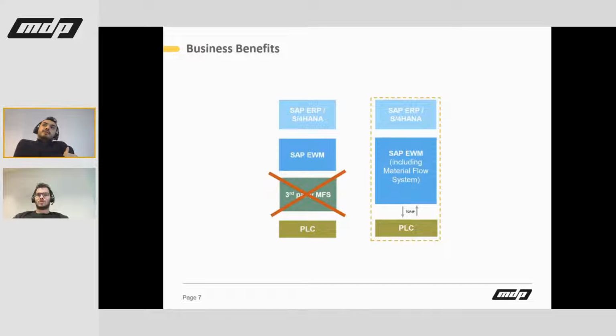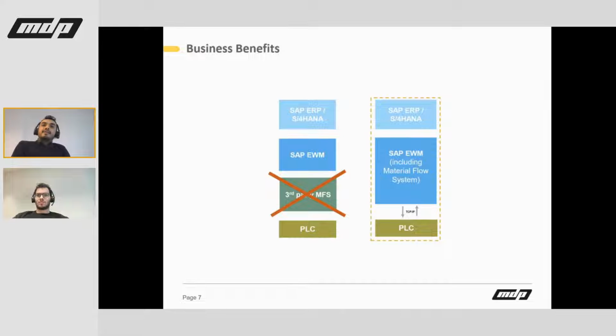When we come to the benefits of MFS connection to the EWM, as mentioned before, there is no need for any interim warehouse control unit. So EWM directly connects to the PLC, including the material flow system, and you can control any kind of automation without any external material flow system.